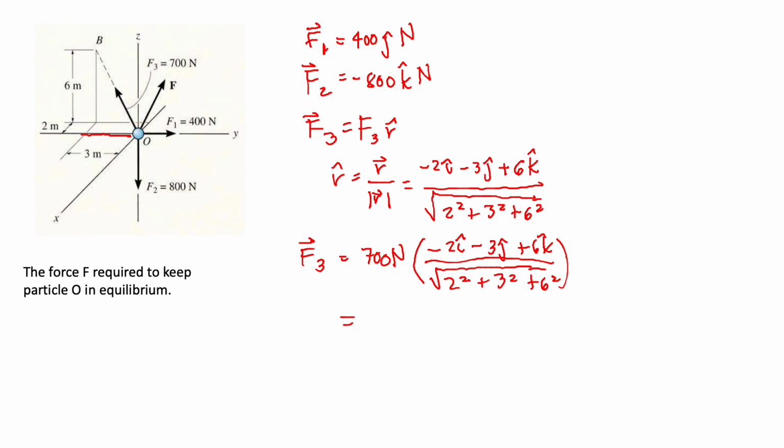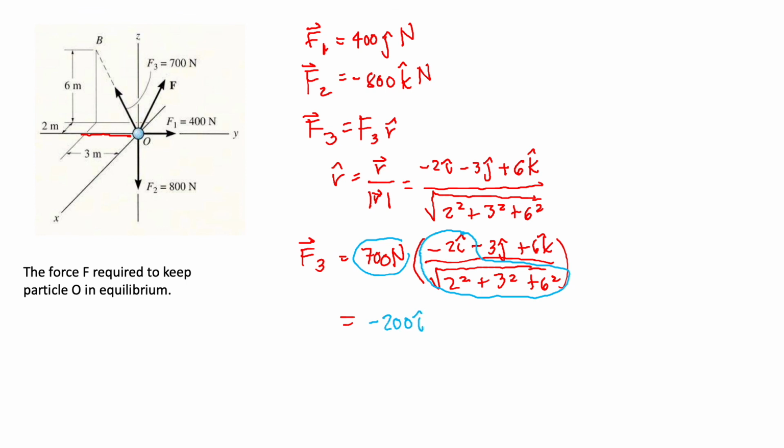So let's do it one by one. First, let's multiply 700 with negative 2i hat and this component. That gives us negative 200 i hat.